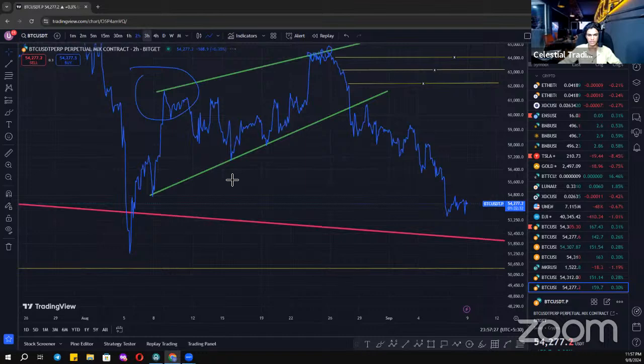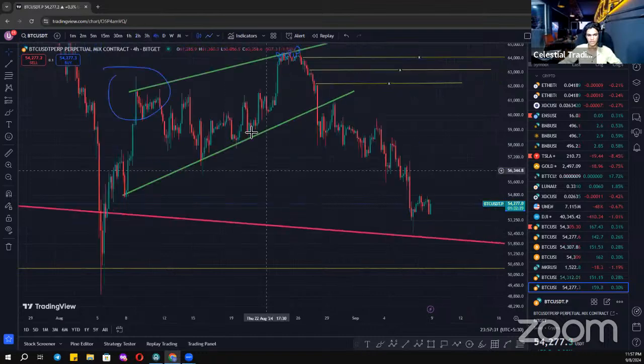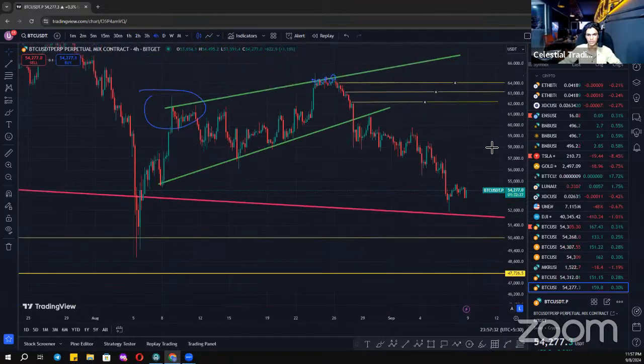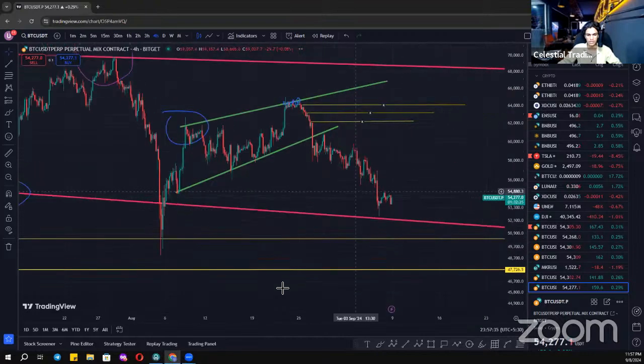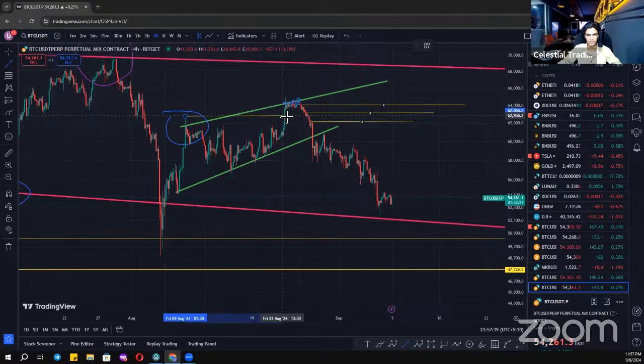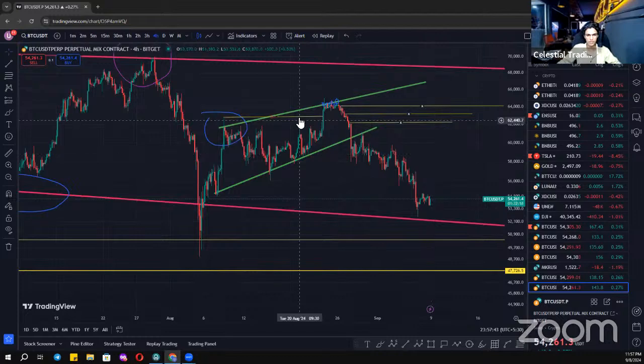Before that, I have missed one thing. We'll come to that. Okay, now in the 4 hours, you can see the market has made a break of structure over here. You can clearly see the BOS the market has given.